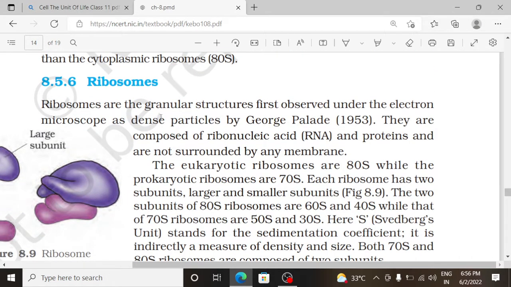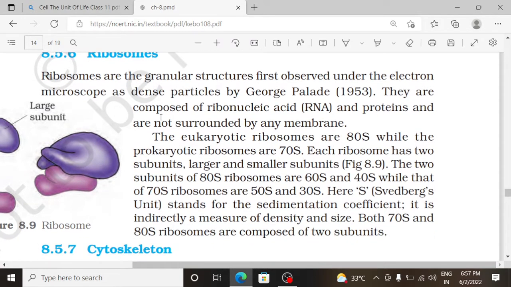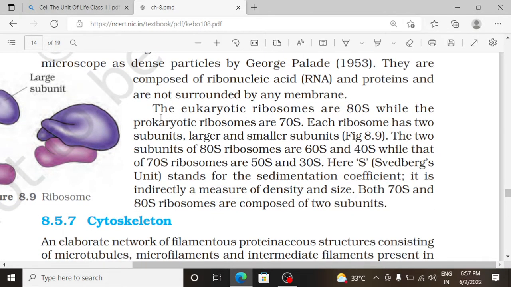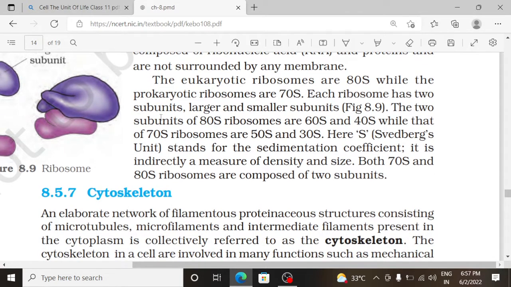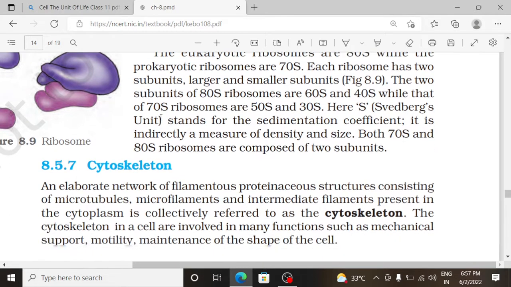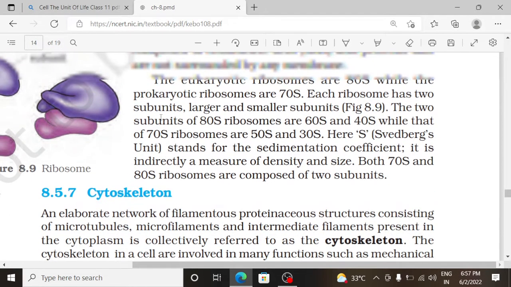Ribosomes are the granular structures first observed under the electron microscope as dense particles by George Palade in 1953. They are composed of ribonucleic acid and proteins and are not surrounded by any membrane. The eukaryotic ribosomes are 80S while the prokaryotic ribosomes are 70S. Each ribosome has two subunits, larger and smaller subunits.